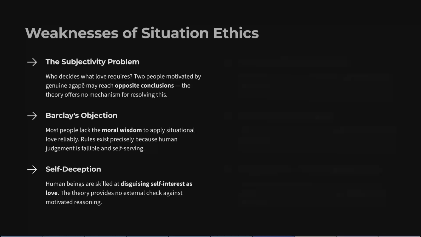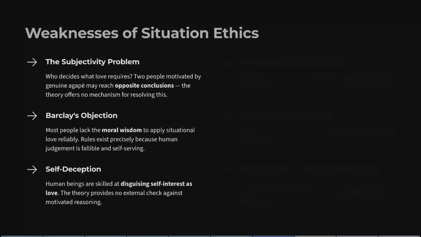And then you have the self-deception problem. Human beings are extraordinarily skilled at convincing themselves that what they want to do is also what love requires. We dress self-interest as compassion. We call convenient decisions loving. We rationalize, and we do this sincerely.